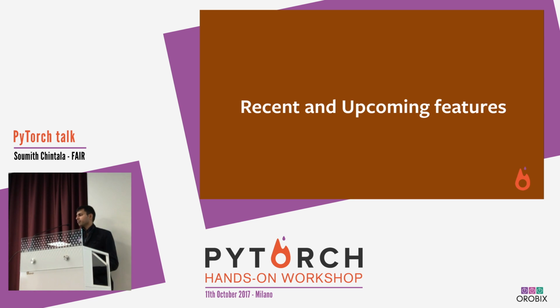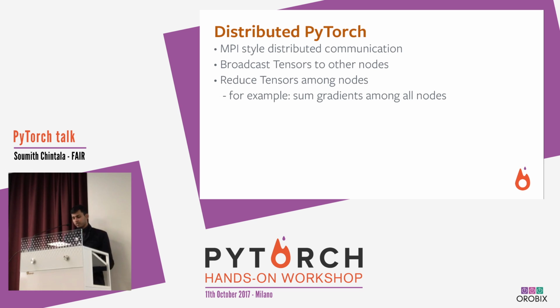This is the last section of my talk. One is distributed PyTorch. In the last release 0.2, we introduced PyTorch distributed, where if by chance you have hundreds of machines, or 2 or 3 machines, and you want to train a single model on each of these machines, then we have an API called torch.distributed.